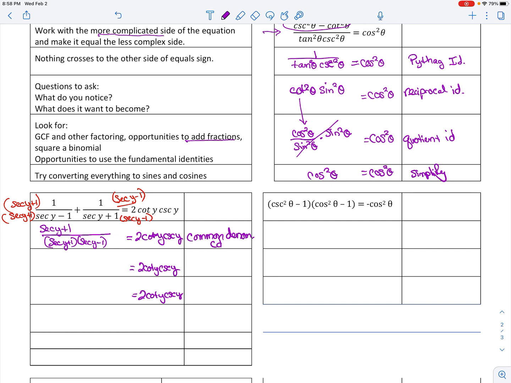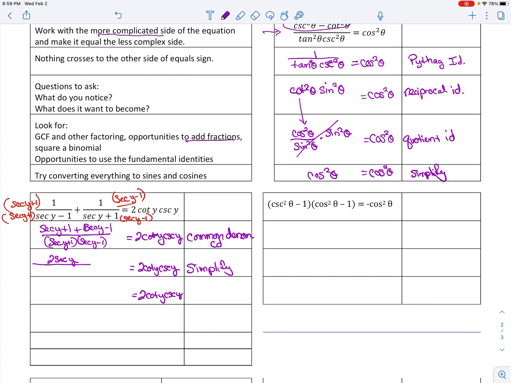And the other half of this fraction is the 1 times the secant of y minus 1. So we're going to have a 1 secant of y minus 1. All right, so let's do some simplifying here. When we do that, secant of y plus secant of y is 2 secants of y. And 1 minus 1 is 0.